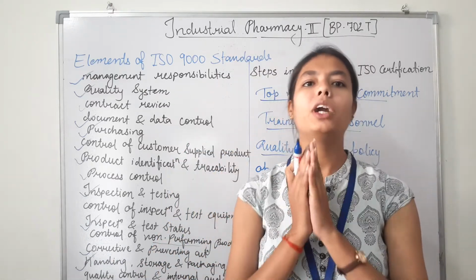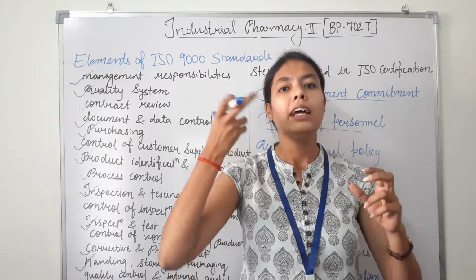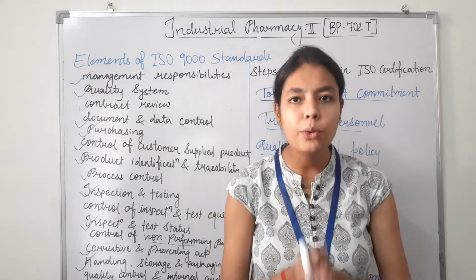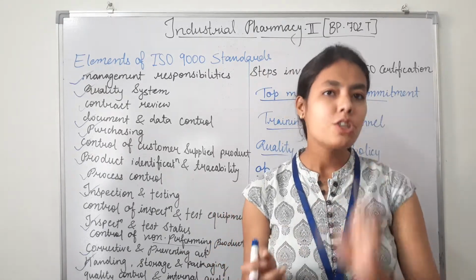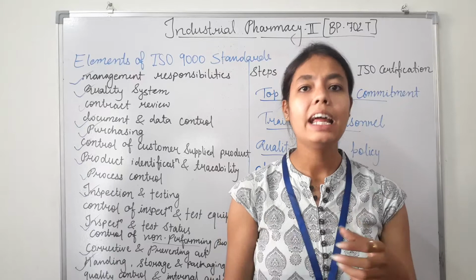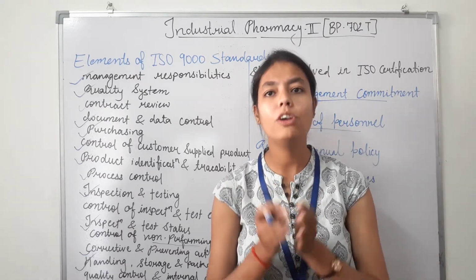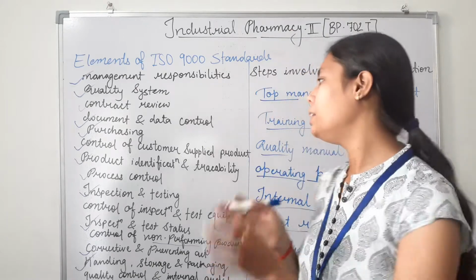After that, handling, storage and packaging, preservation and delivery. So handling of product, that is loading and unloading, must be done with due care for the product. Storage areas must be clean and the environment properly controlled, for example heat, humidity and light.